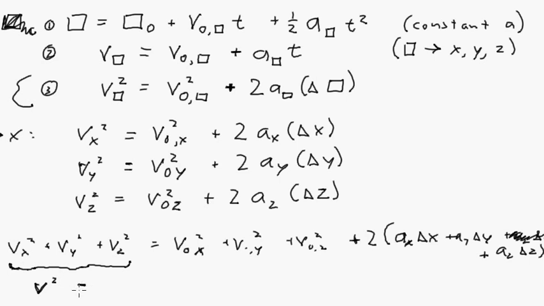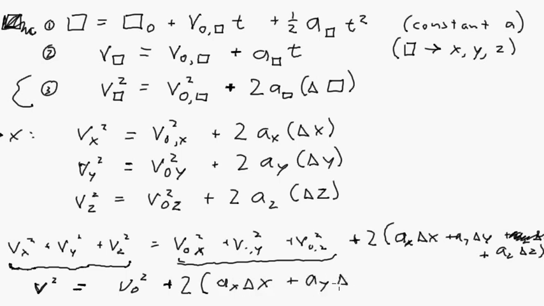So v squared, and then we're doing the same thing over here, squaring 3 components of the initial velocity, adding them up. So that becomes the initial velocity squared, and then plus 2, and then this little string of things over here, a sub x delta x plus a sub y delta y plus a sub z delta z.